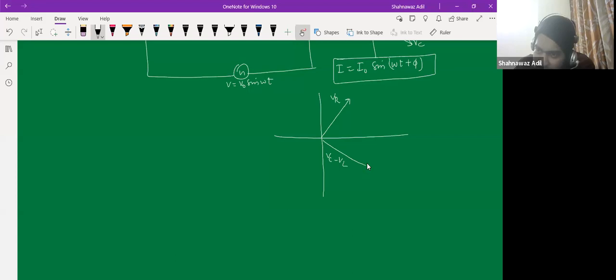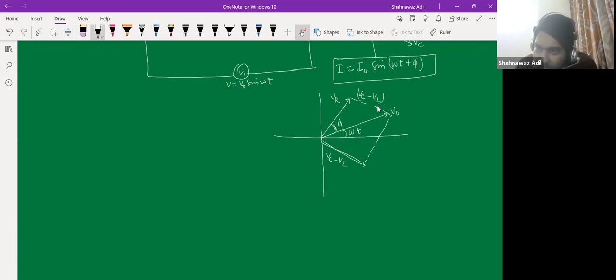Then the equivalent voltage is obtained by using Pythagoras or the parallelogram law. This is omega t, this angle is phi, this is V naught, and this is VC minus VL.